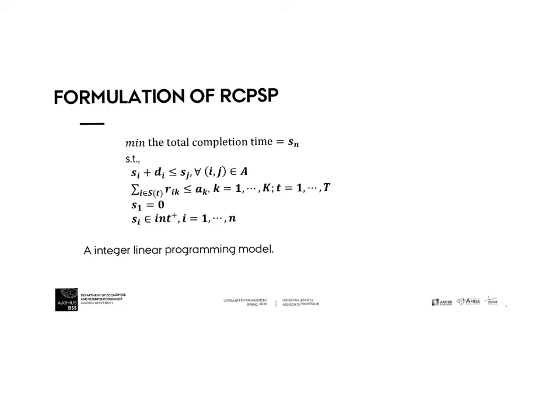You can see we want to minimize the total completion time, which is the finish time of your project. It's constrained by, first, the precedence relationship or predecessors, or we call them precedence constraints. And the second constraint is a resource constraint.